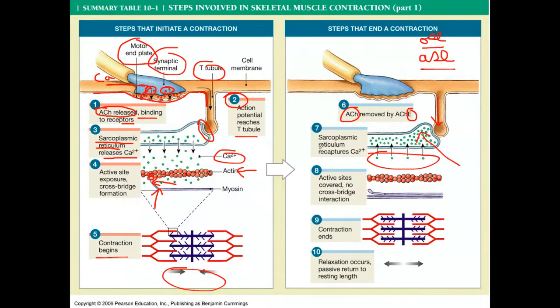So the SR, the sarcoplasmic reticulum, is going to recapture the calcium. And if there's no calcium stimulating the regulatory protein troponin, then the troponin tropomyosin complex go back to their normal resting state. The binding sites on actin are covered, and then the myosin heads go back to their resting state, and the contraction ends.